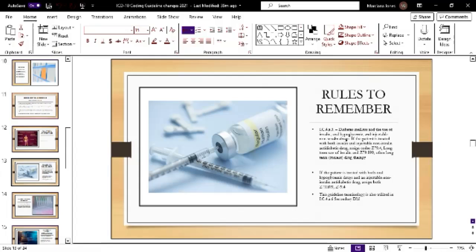Now, if the patient is treated with both insulin and an injectable non-insulin anti-diabetic drug, assign the code Z79.4, long-term use of insulin, and Z79.899, other long-term current drug therapy. If the patient is treated with both oral and injectable non-insulin anti-diabetic drugs, assign both.